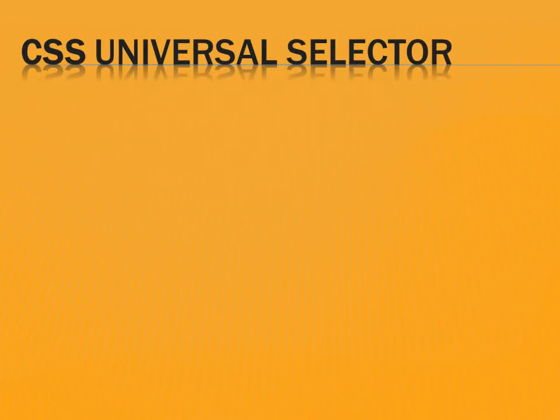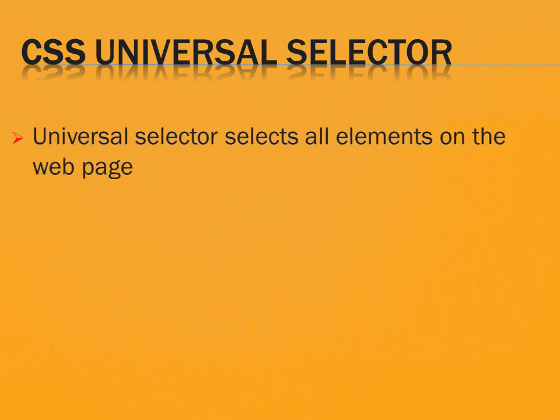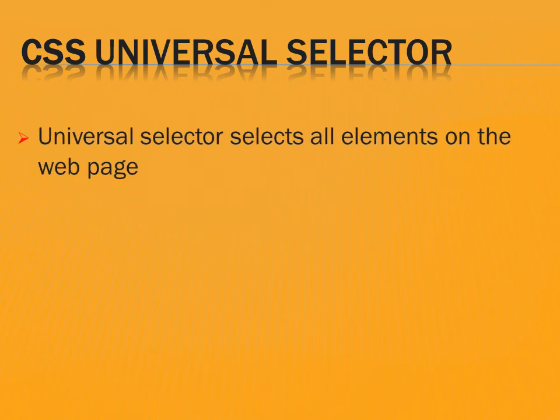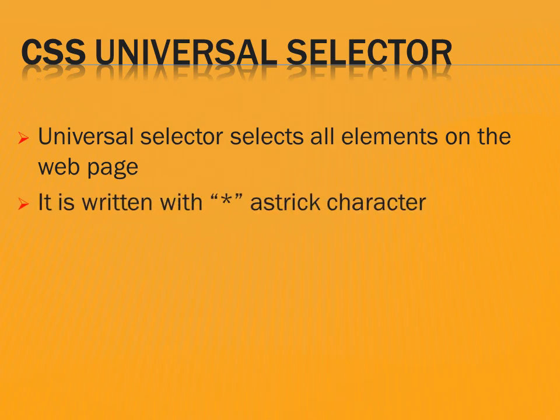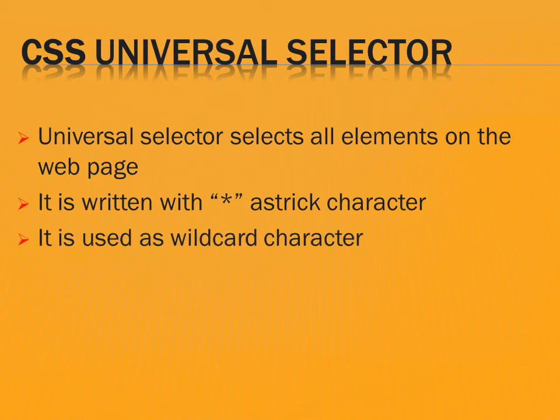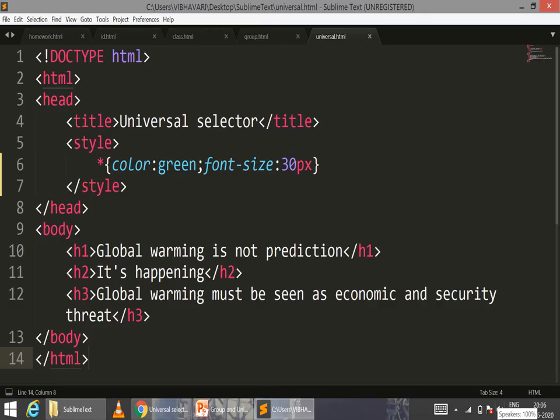Now the next one, the CSS universal selector. The universal selector selects all the elements on the web page. It is written with the star or asterisk symbol. It is used as a wildcard character.